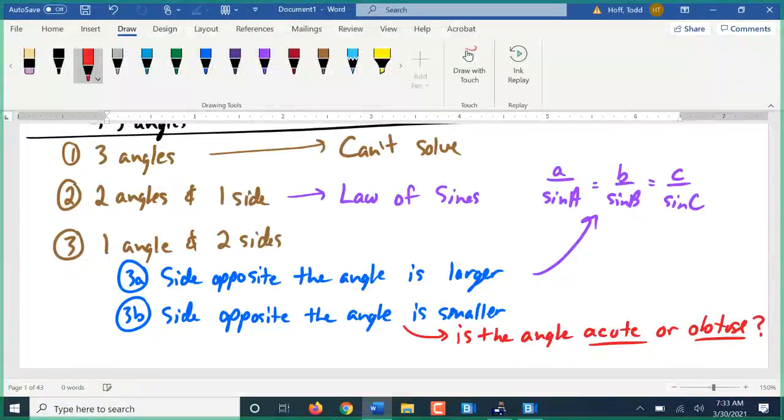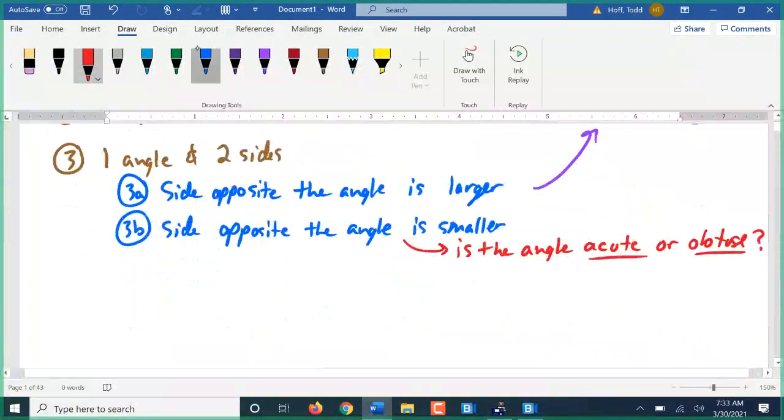Because if it's obtuse, then remember, once we solve it, we do the inverse sine, we have to take the supplement of that angle, subtract that angle from 180 degrees to get the correct angle. And we will do an example of that before we move on to the next concept today.